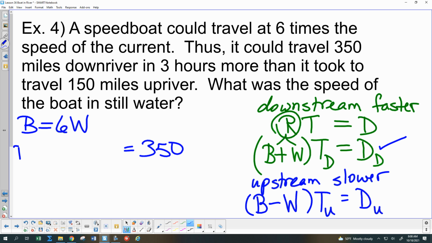That's going to be our B plus W times our time downstream. And we know that the downstream time isn't 3 hours. It is 3 hours more than something. It is 3 hours more than the upstream time.